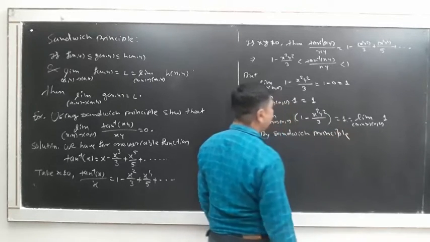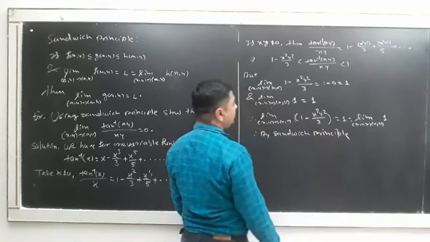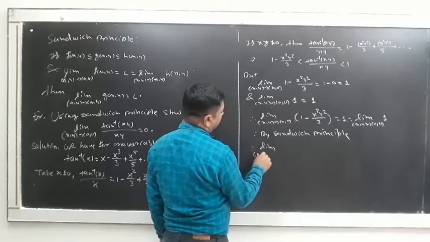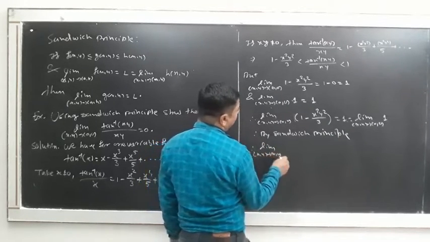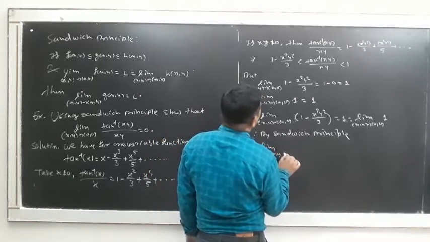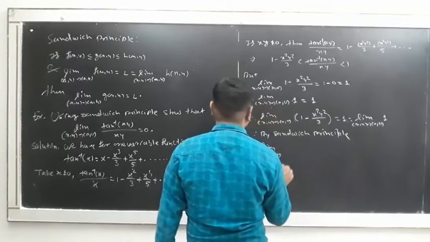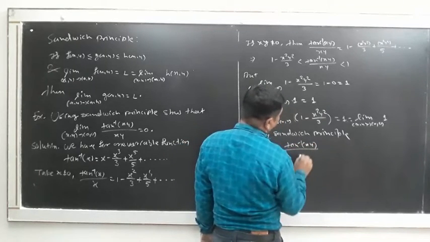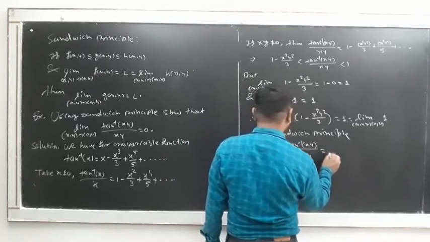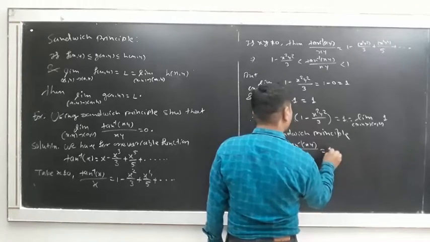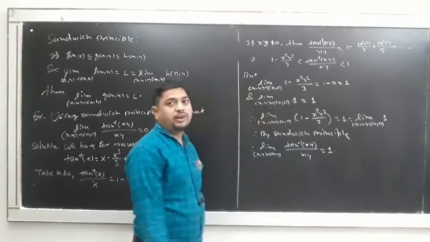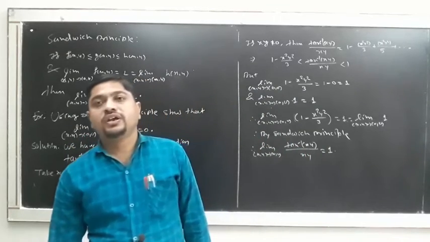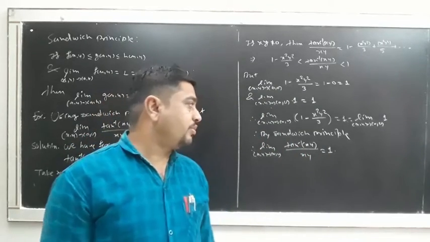By the sandwich principle, the limit as (x,y) tends to (0,0) of tan inverse of xy upon xy is 1. Okay, so by using the sandwich principle we can solve many problems.